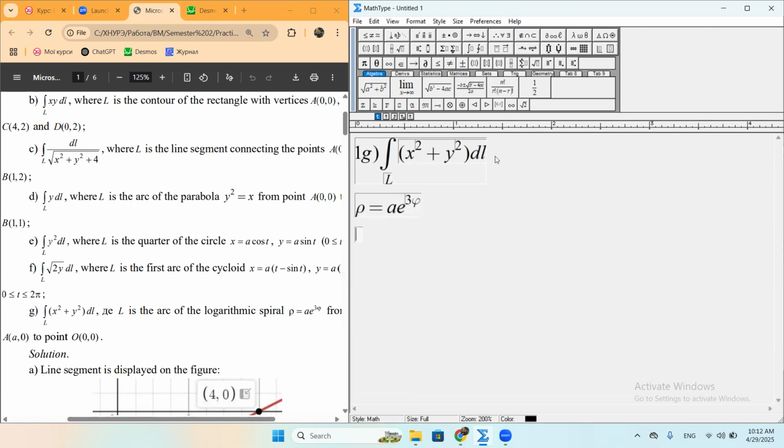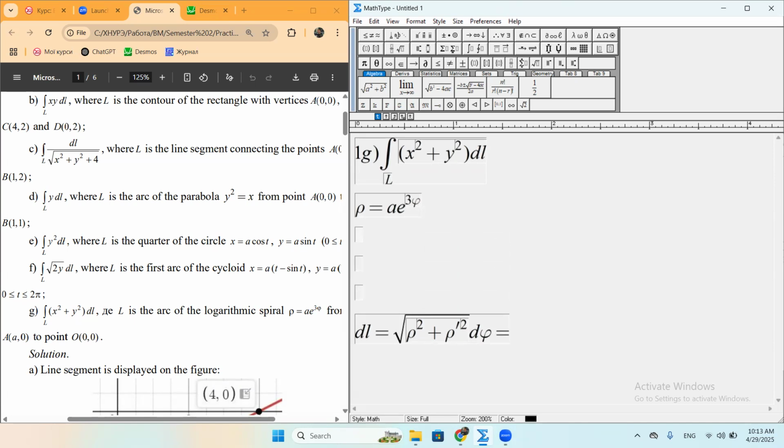And let me remind you how to calculate dl in such cases. So square root of rho square plus rho prime square d phi. So we have the following differential of curve length.